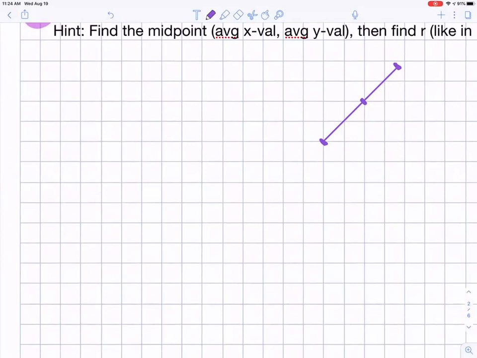In this case, there are 2. Same thing. If you want to find the midpoint, find the average X value, add them together, divide by 2, and find the average Y value, add them together, divide by 2, and you'll have your midpoint. You'll have the midpoint that's smack in the middle, okay?